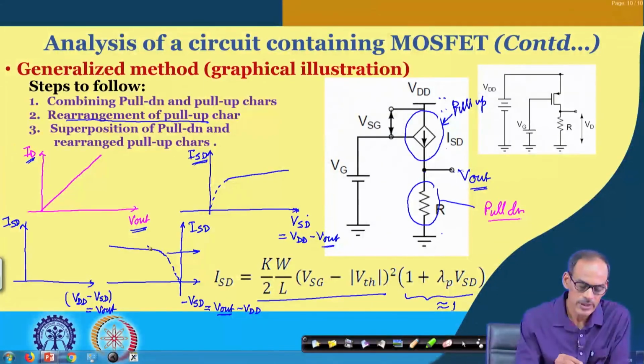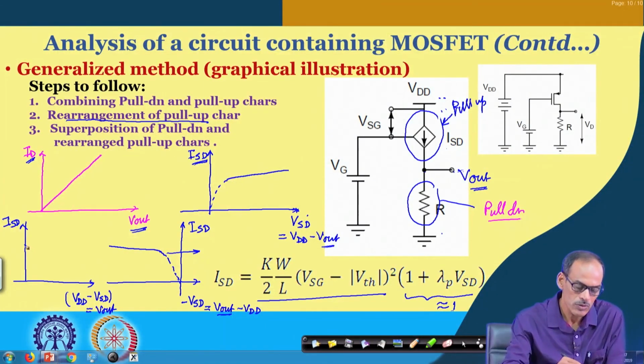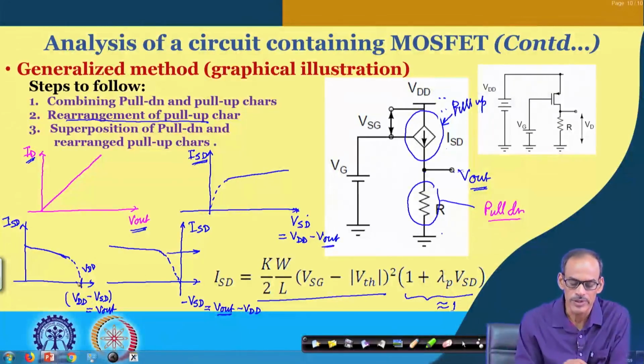So, this characteristic curve gets shifted to the right by an amount of VDD. You may say that this is the VDD point. So, V out is equal to VDD here.